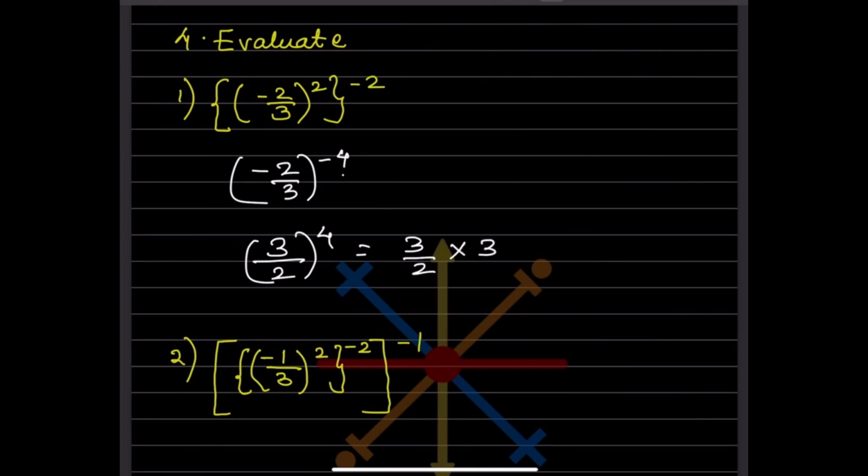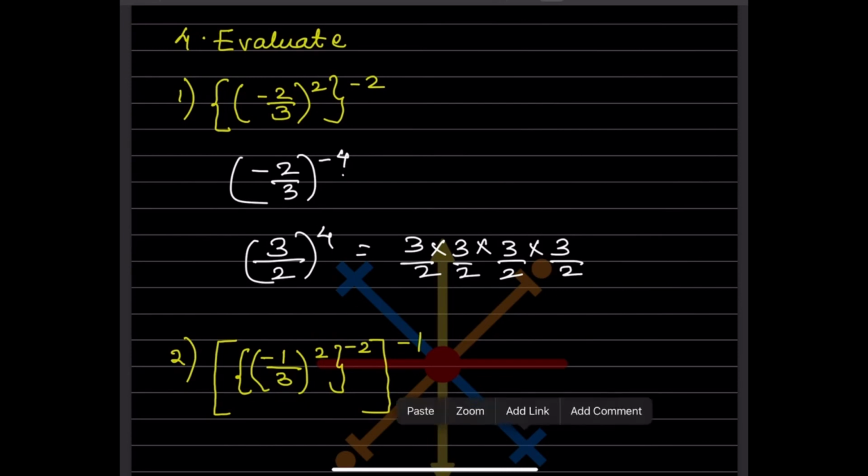Or you can do one thing, you can also write it so that it satisfies the rule. This into this, so you will write here 3, or you can write 3 by 2 four times, that also can be okay, or you can write both ways, because we have the fraction 3 by 2. Or we can write 3 into 3 into 3 four times.